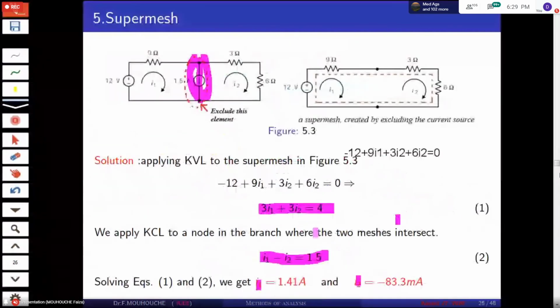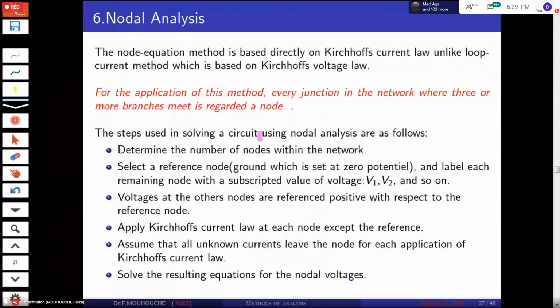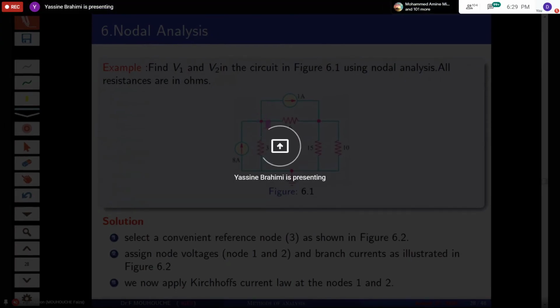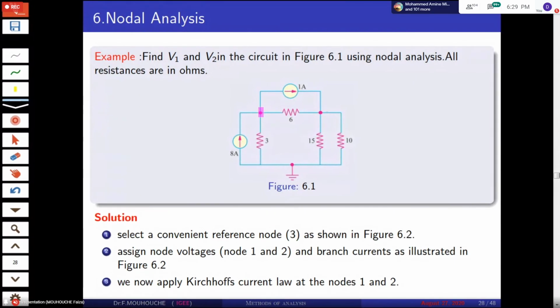The steps used in solving a circuit using nodal analysis are as follows. Firstly, determine the number of nodes within the network. Here we have a simple circuit. Here we have this intersection of the branches, where 4 branches intersect at this point. The second one is this one, and the third one is this one.